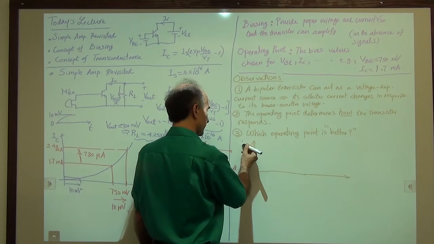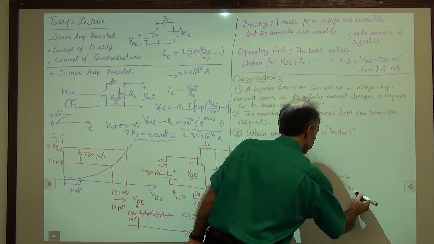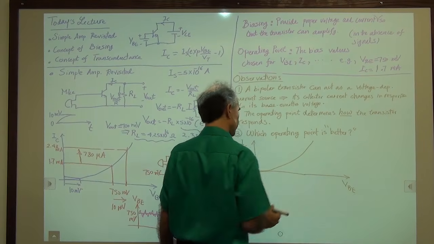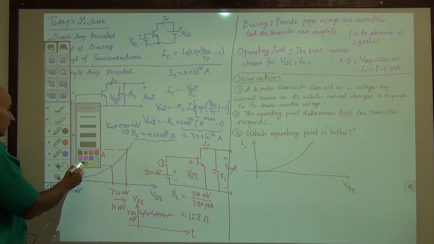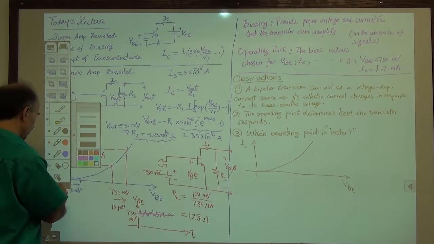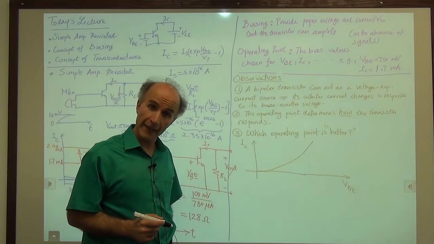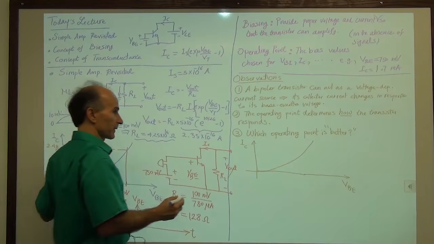All right, so here IC and VBE. Here's our exponential characteristic, just like before. And let's go to blue. All right, I will pick operating point number 1 as before, 750 millivolts and 1.7 milliamps.